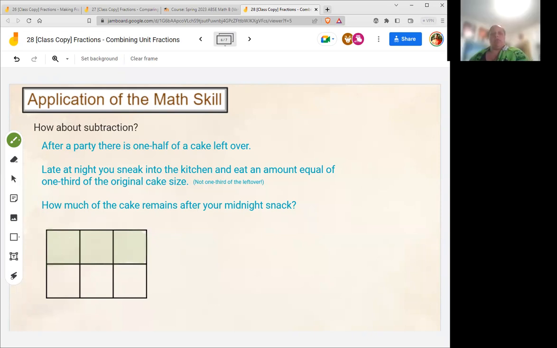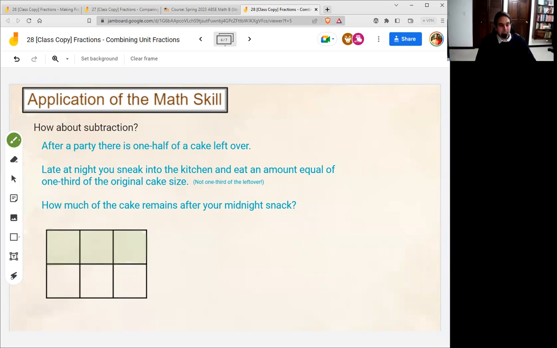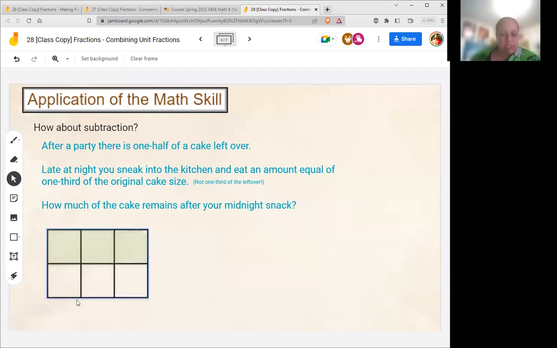I think I read into it so much. So it's asking if we ate 1/3 of the original cake size. How many sixths would that be? Would be 2 of them.